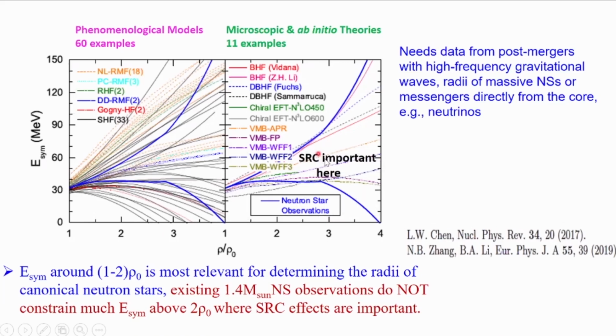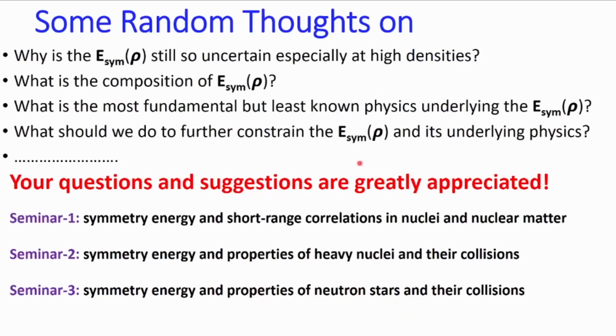So we need more direct messengers like neutrinos from neutron stars, or post-merger gravitational wave signatures. So that's basically where we are about the density dependence of symmetry energy.